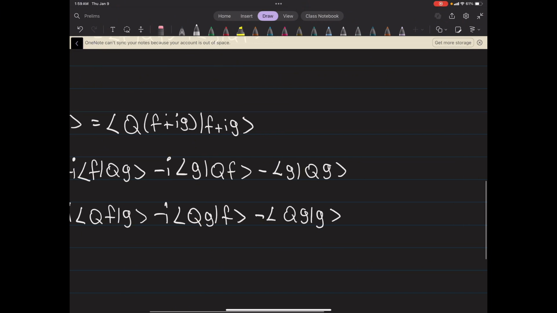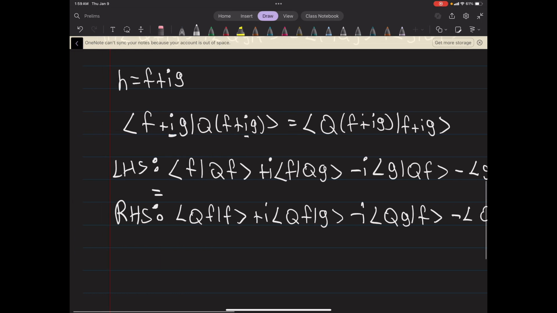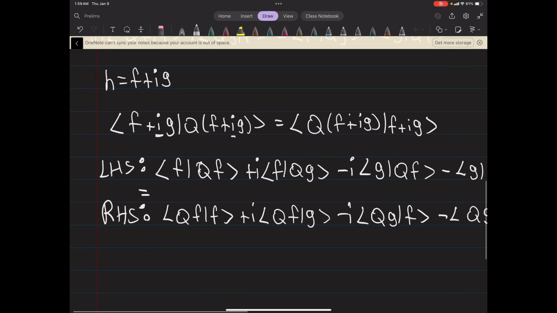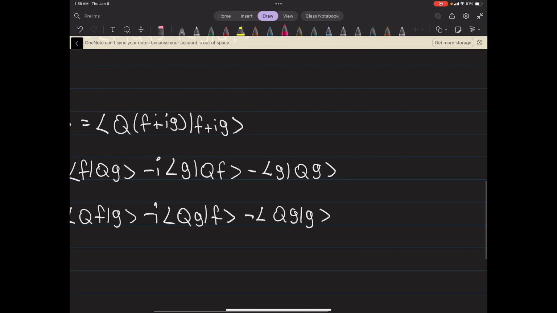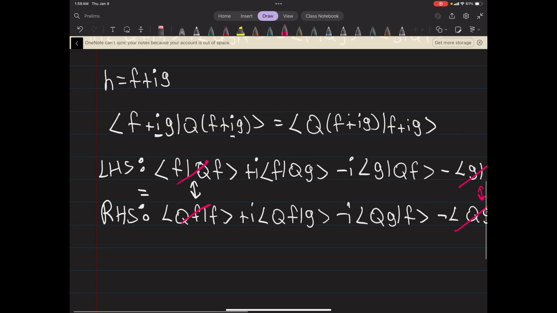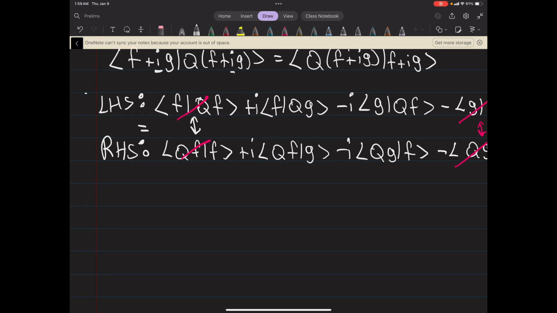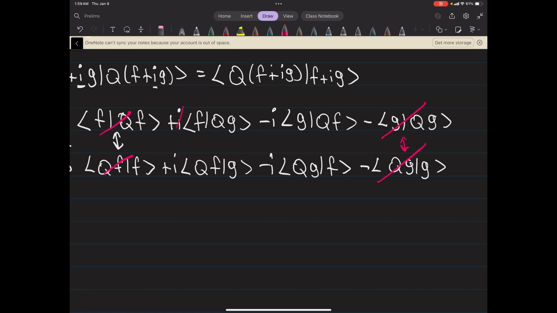And once again, that's a bad Q, but hopefully you see that these are equal, since I can just as easily move the Q to the bra. And these two are equal for the same reason. I can move that Q over. It's the same thing we did before. And one other thing we can do, since we only have these I terms, we can divide out an I. So I'm just dividing by I on both sides.